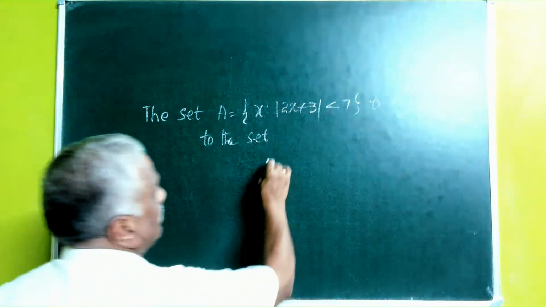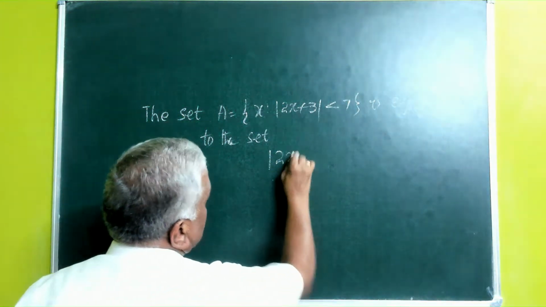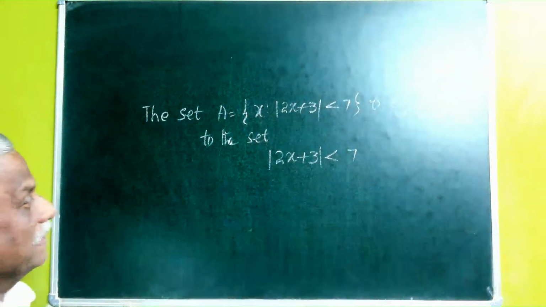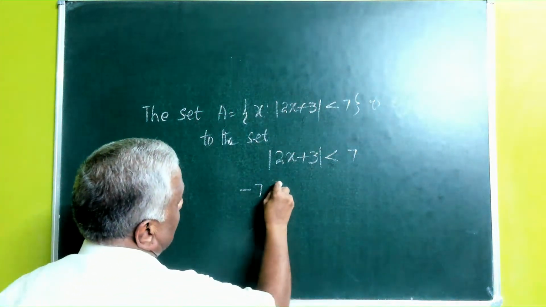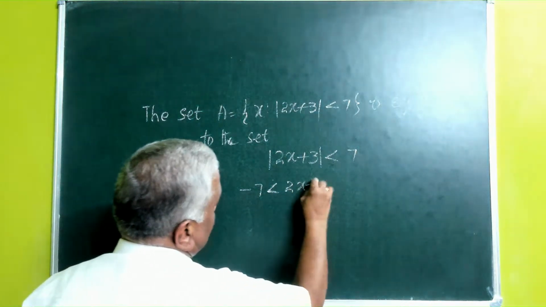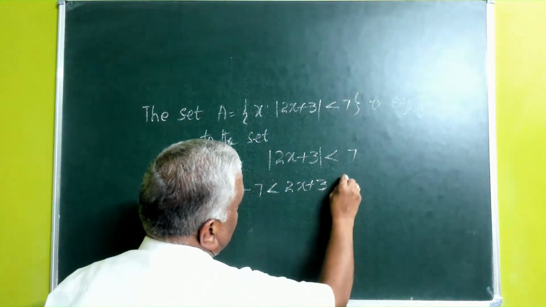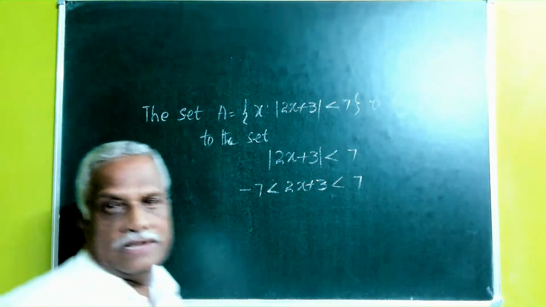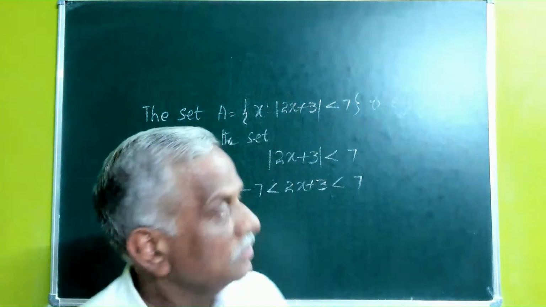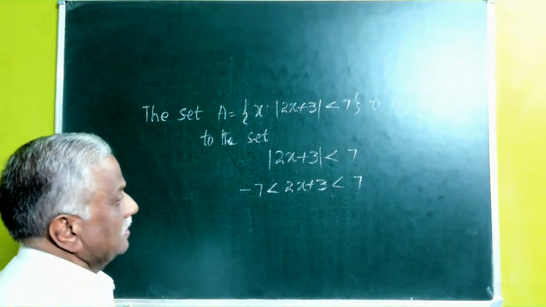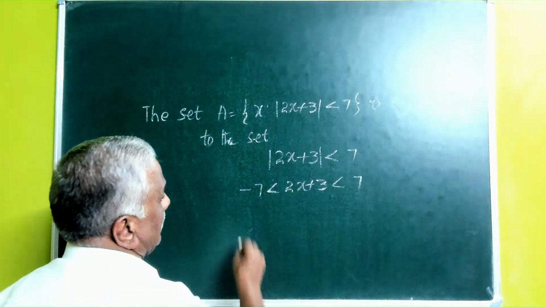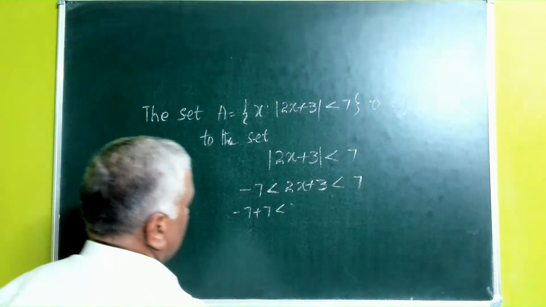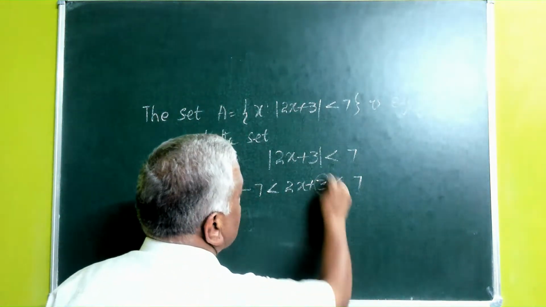So what is given? It is given that modulus of 2x plus 3 is less than 7. What does it mean? Minus 7 is less than 2x plus 3, that is less than plus 7. So you should know how to solve the linear inequality which you have studied. We'll try to remove this 3 first.